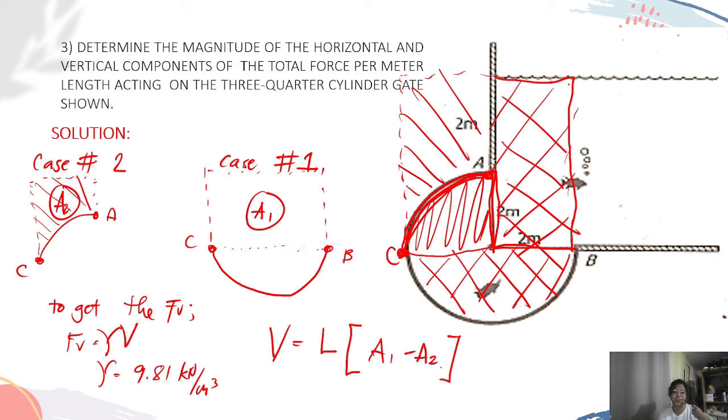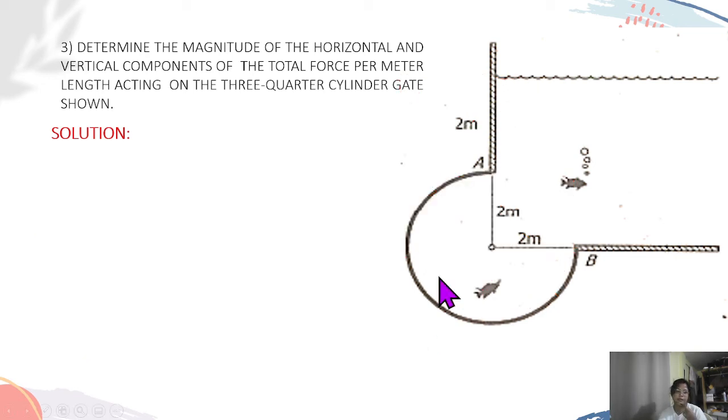Isa-isahin natin ngayon yung area 1 saka yung area 2. Okay? So, can we do A1 first para masaya? So, yung A1 kasi falls under category number 1. So, kung ito yung C mo, tas ito yung B, you will project the liquid above the curved surface.